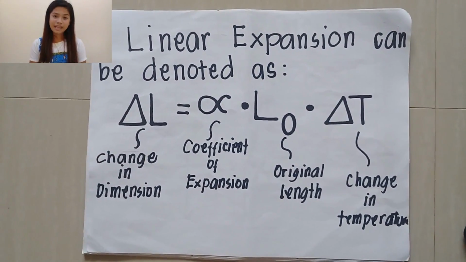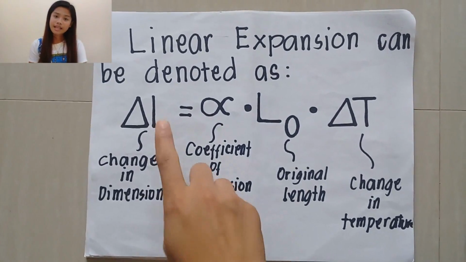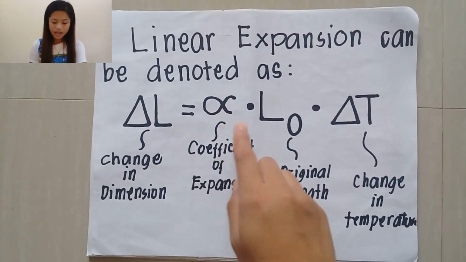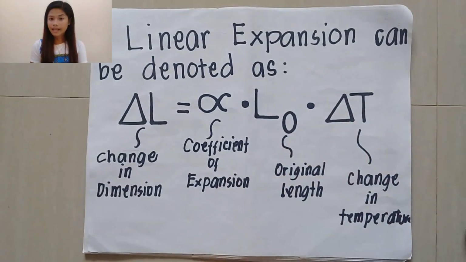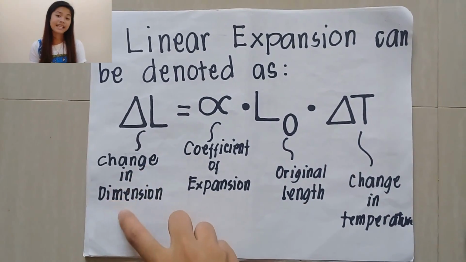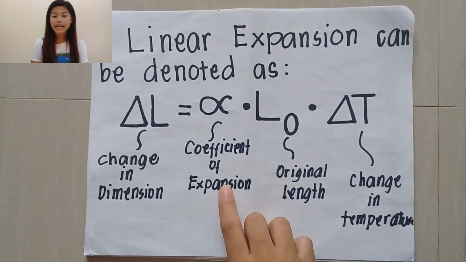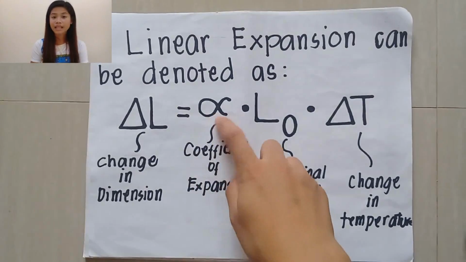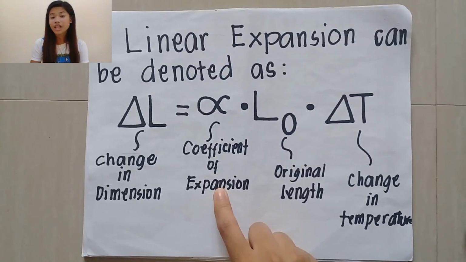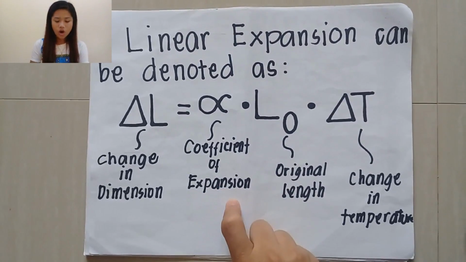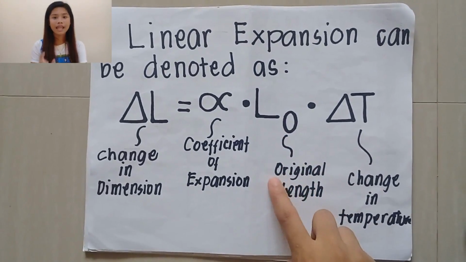So, mathematically, linear expansion is ΔL = α·L₀·ΔT, where ΔL is the change in dimension, while α is the constant of proportionality, or in linear expansion, it is the coefficient of expansion, while L₀ is its original length.